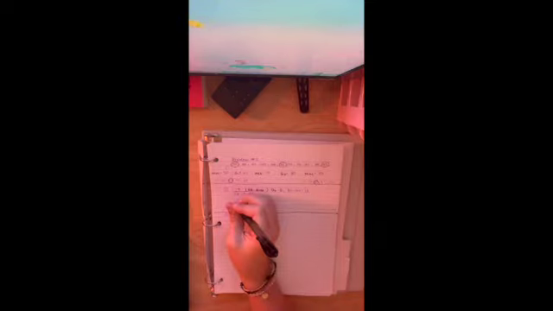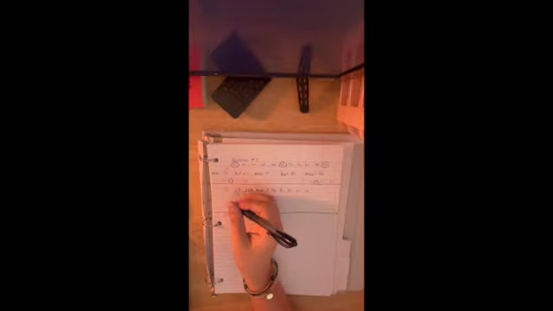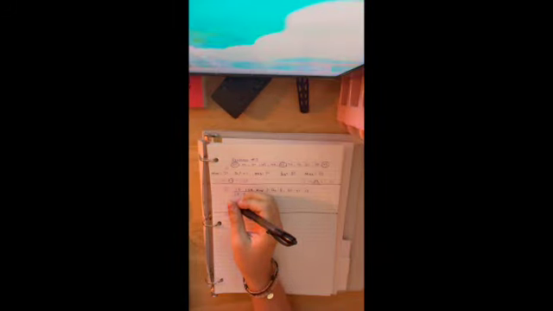Let's see, I'm looking at the questions. Compute the IQR and identify any suspected outliers using the 1.5 times rule. Okay, so now we are going to find any outliers. So we will take Q1, which is 62, and Q3, which is 80.